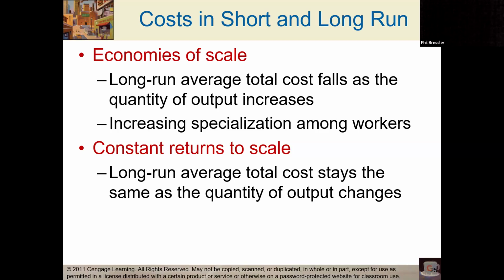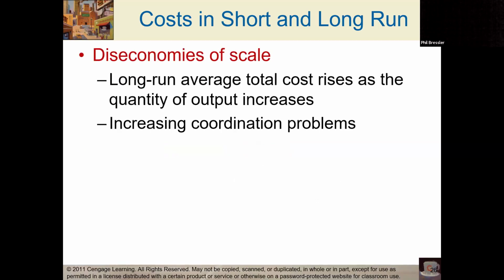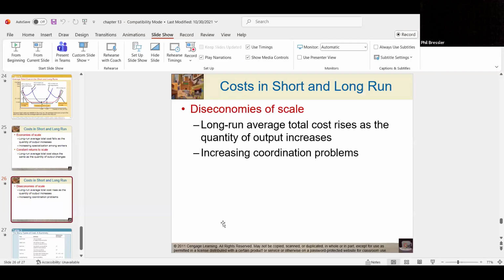Constant: output increases, ATC stays the same. And then the third: output increases, ATC increases. And this is mismanagement, duplication of jobs, inefficiency. I'm going to try to go to the practice quiz.